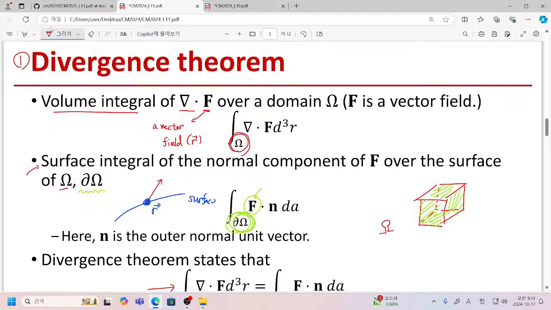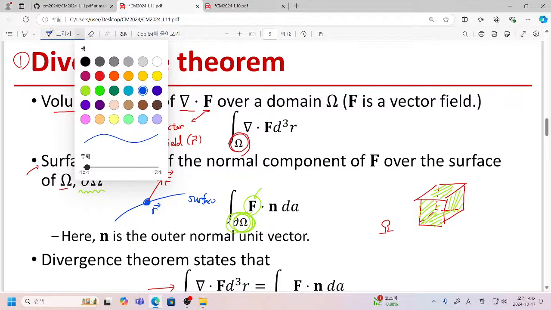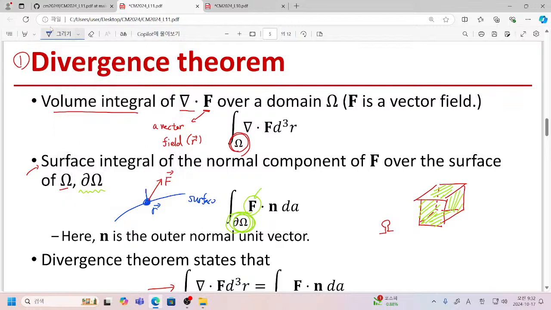For example, this can be a vector F. If we just integrate, it will still give us a vector quantity. However, we want to project it to a certain direction. Then what is the selection of direction in our case? For that purpose, we introduce the normal direction n.